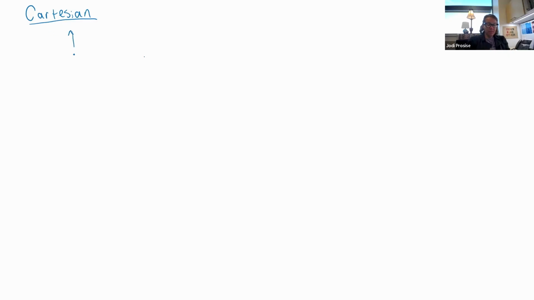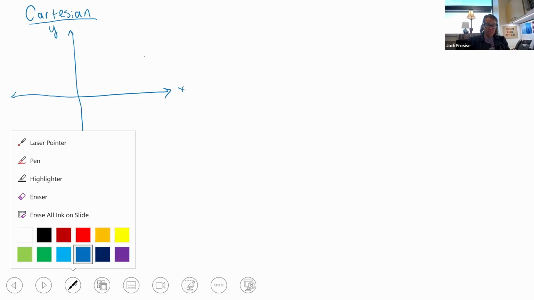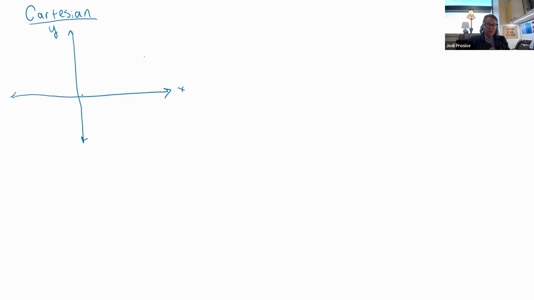We have our X and Y world. And we're going to add some forces in here. So we'll draw them as green. I have force 1, I have force 2, and say I have another force 3 acting on my system.